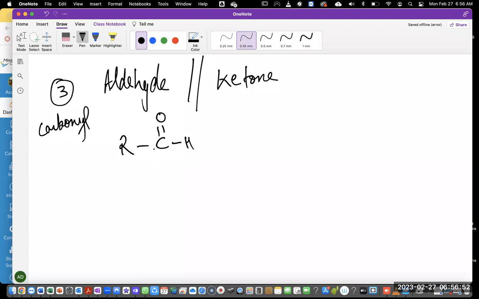Carbon can make 4 bonds. So this carbon has a bond with the carbon on the left-hand side, with hydrogen on the right-hand side, and 2 bonds with the oxygen. If I try to draw this molecule, this is what it will look like: a carbon, double bonded to oxygen, and you have a hydrogen.